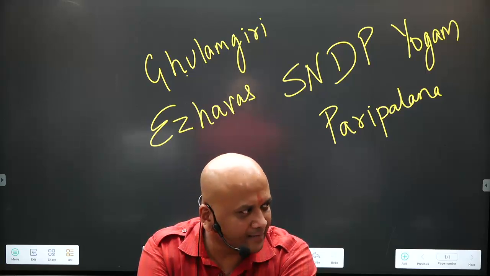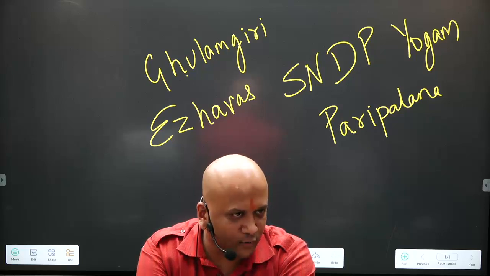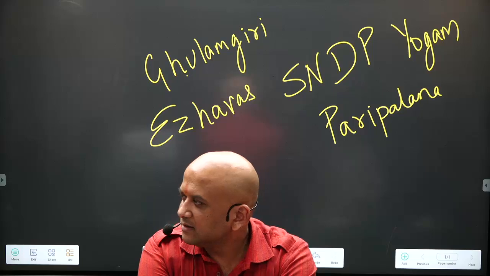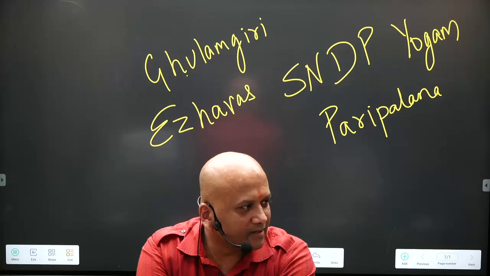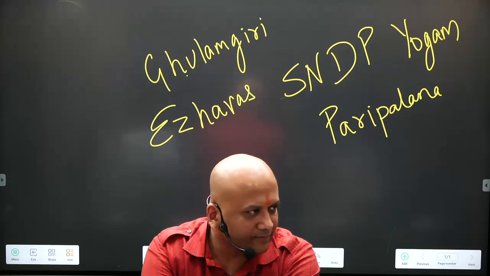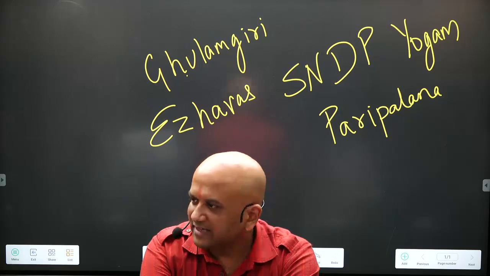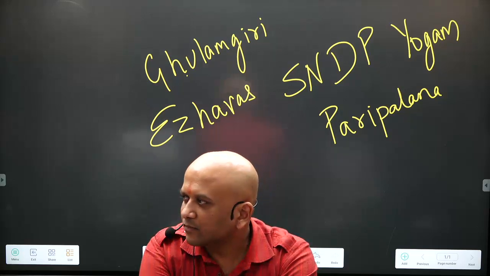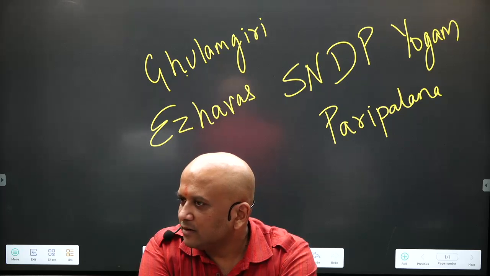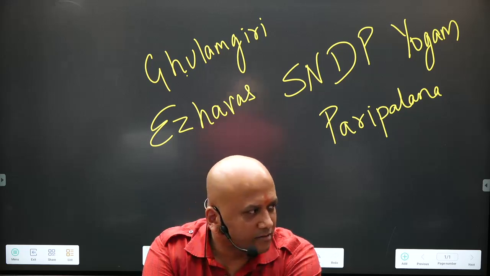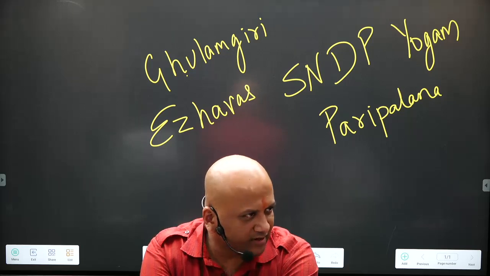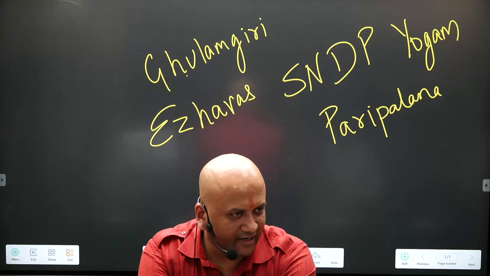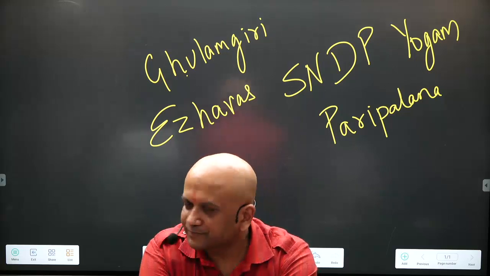And through the printing press, they spread their message far and wide. Now masses could access scriptural knowledge. Yes or no? Sanskritic texts were translated into vernacular languages and spread.